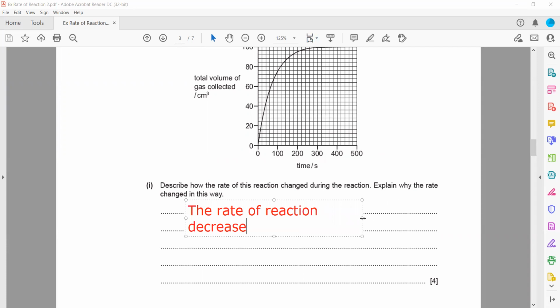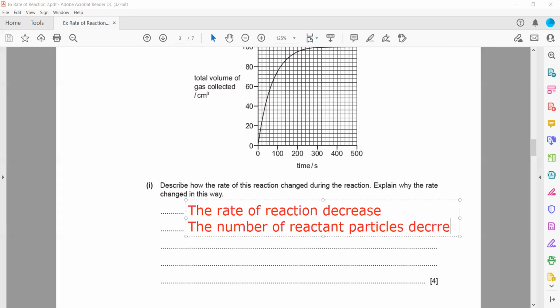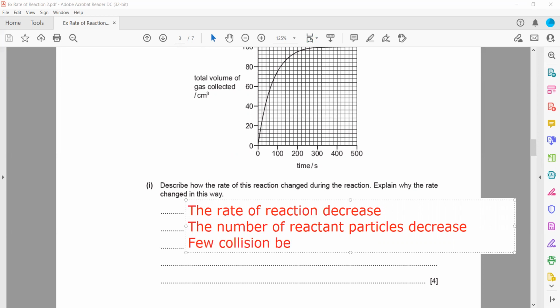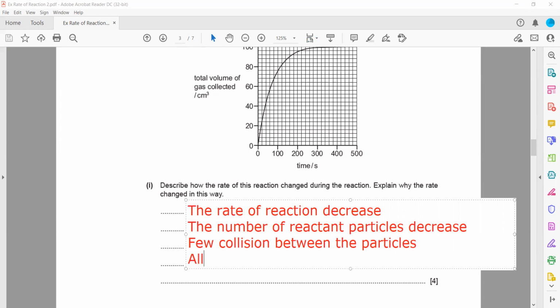And what is the reason why the rate of the reaction is decreasing? Because the number of reactant particles is decreasing. So there will be fewer collisions between the particles, and until all the acid is used up.